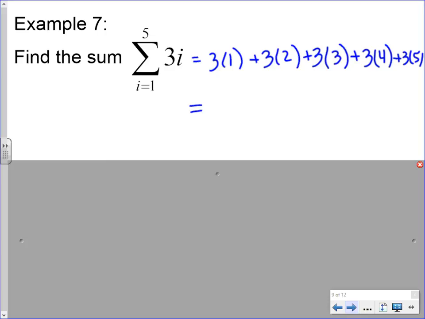And then we get to add those together. What is 15 plus 12 plus 9 plus 6 plus 3? 45.